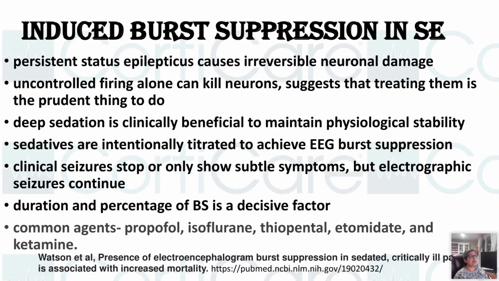So to treat status epilepticus, burst suppression is induced. So we have this hyperexcitable brain. The neurons are continuously firing, right? And a persistent state of hyperexcitability is going to cause permanent damage to the neurons, right? And these neurons need to stop being hyperexcited.